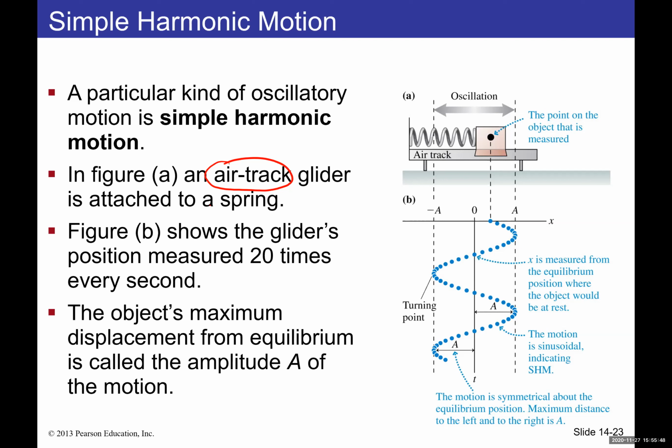All right, so let's look at an example where we have an air track surface and a cart attached to a spring. You take it and move it from its equilibrium position, which is right here, to position A. You move it to here, like this, and you let go.